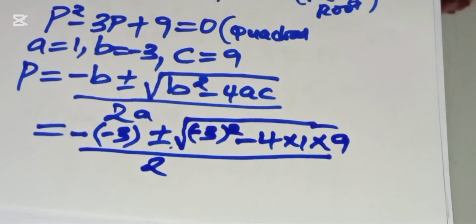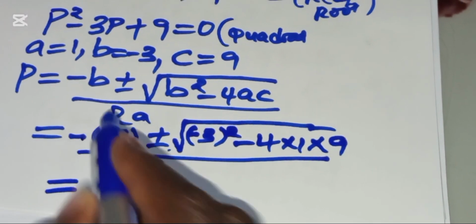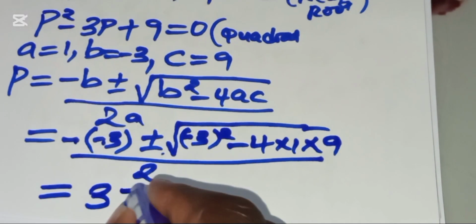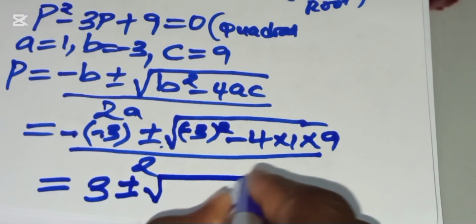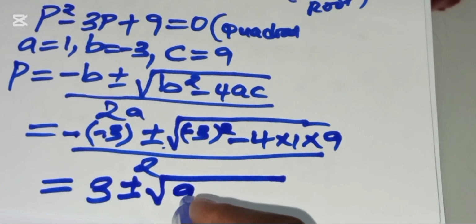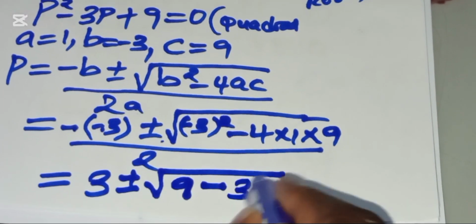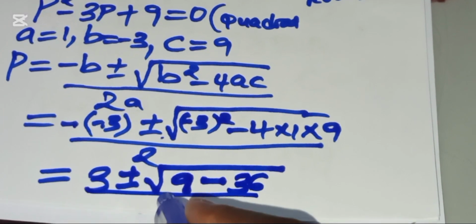So that we're going to have 3, which is negative times negative 3, positive 3, plus or minus the square root of negative 3 squared, which is 9, subtract 9 times 4, this is 36, divided by 2.